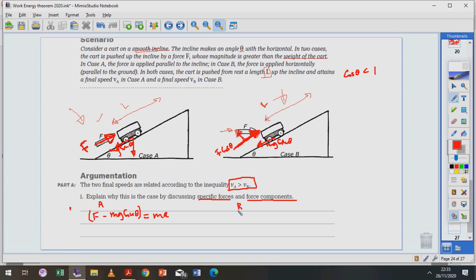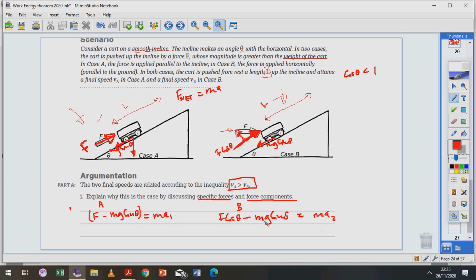In case B, still I'm using net force equals ma. The net force, looking at the forces acting up the plane, I have F cosine theta, and down the plane or down the incline, I have mg sine theta, is equal to ma. Now this acceleration is a2, this is a1.